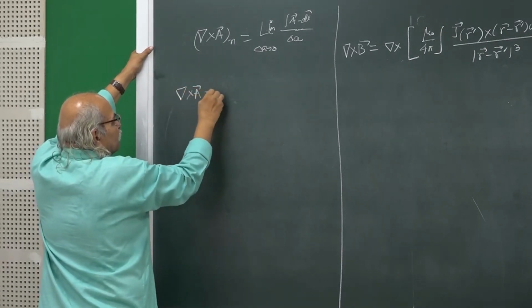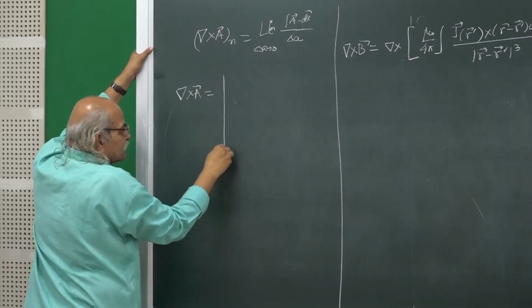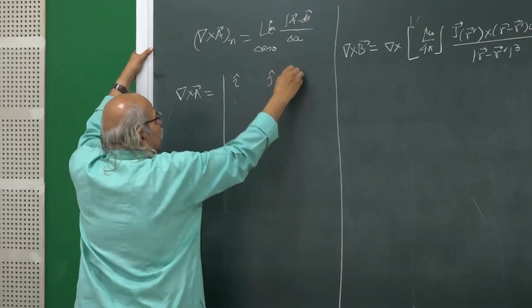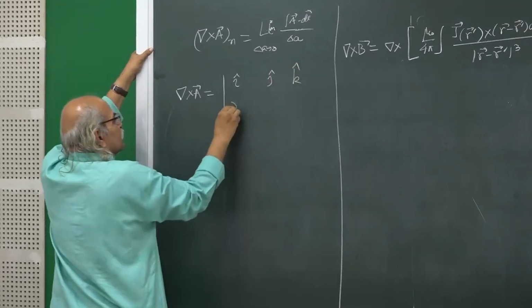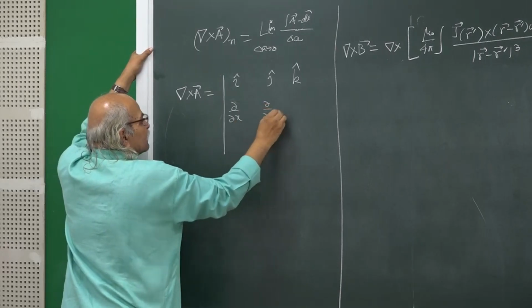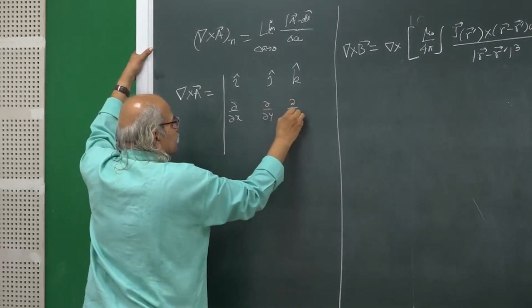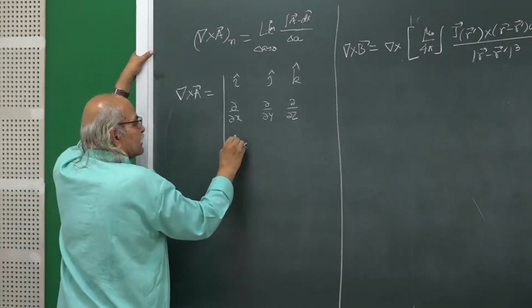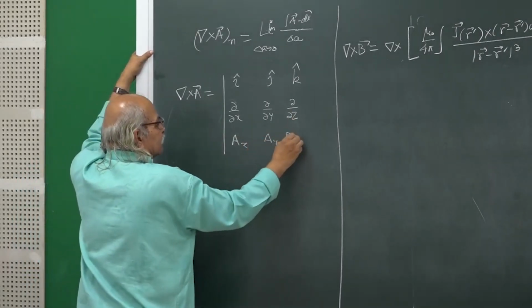If you need curl of A, you construct a determinant, put i cap here, j cap here, and k cap here. Then del x here, del y here, and del z here, and Ax here, Ay here, and Az here.